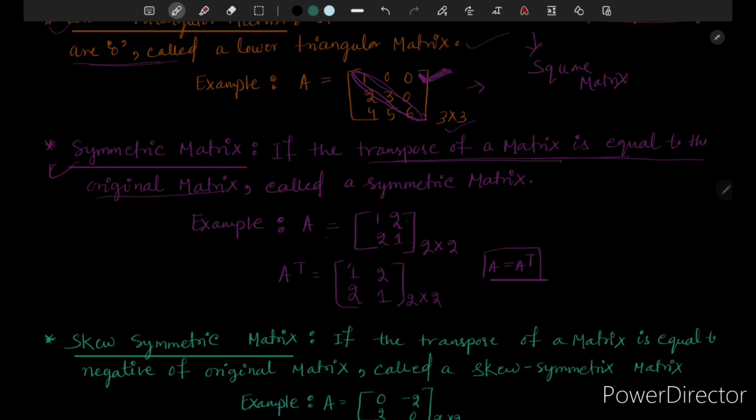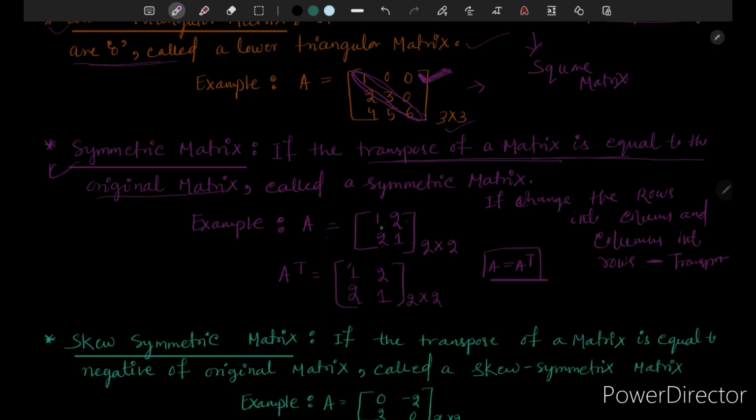So how can we do the transpose? We change the rows into columns and columns into rows, and this is called transpose.